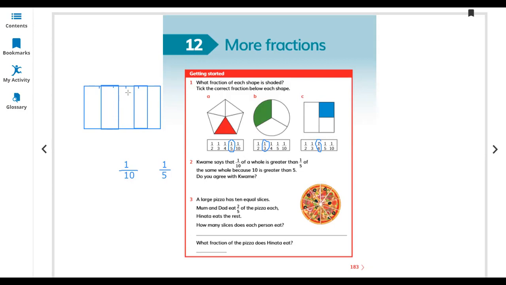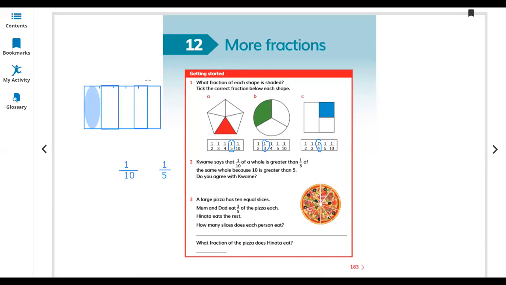So this is 5 parts. If I color 1, this part is colored, for example. So it's 1 by 5, simple.